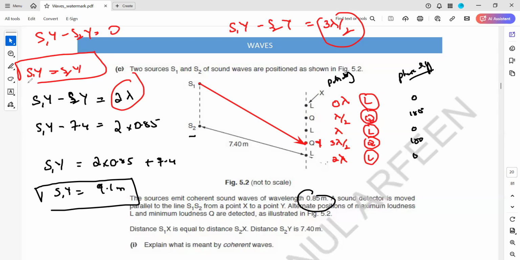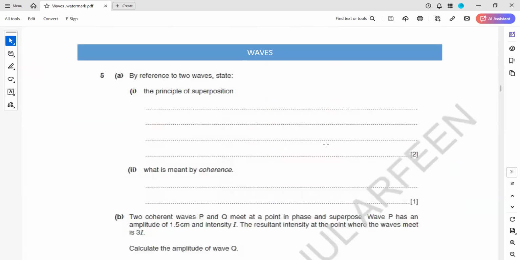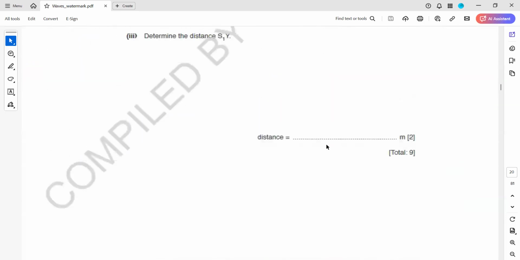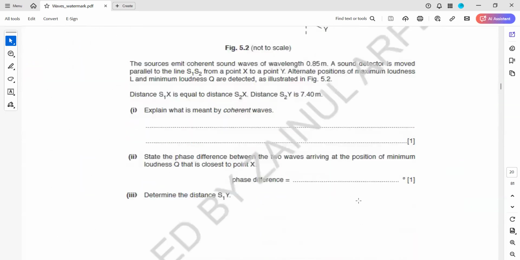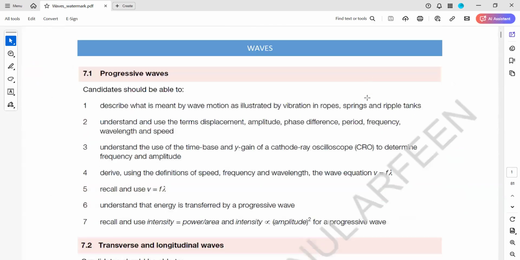So it's very important which position you're equating or comparing the results. So this was page 20 from the topic waves.